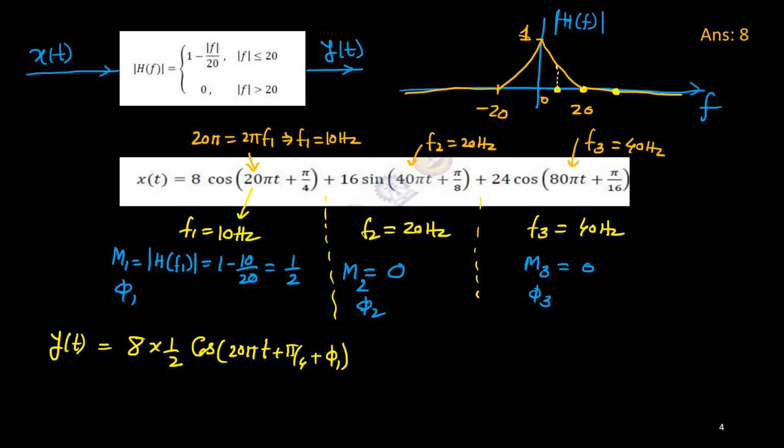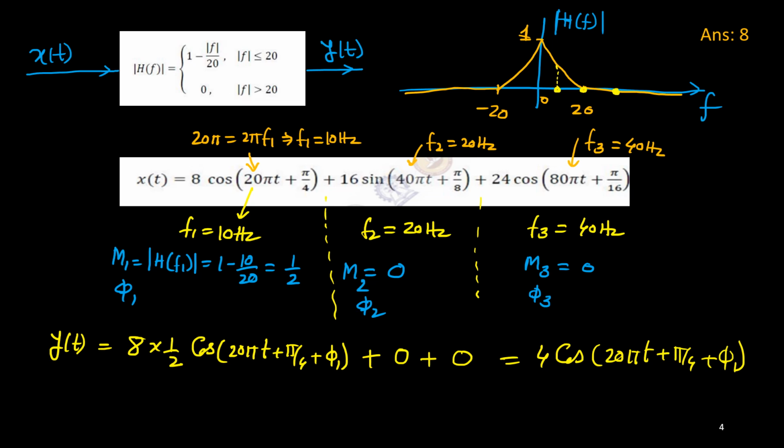Next one, amplitude is becoming 0, so anything multiplied by 0 will become 0. Again, the last one is also 0 because M3 is 0. Right? So it is becoming 4 cos(20 pi t + pi by 4 + phi 1).